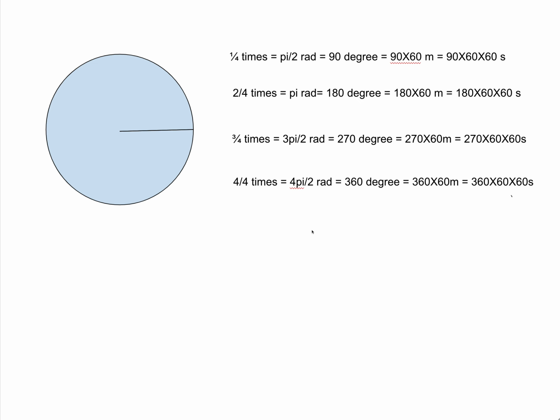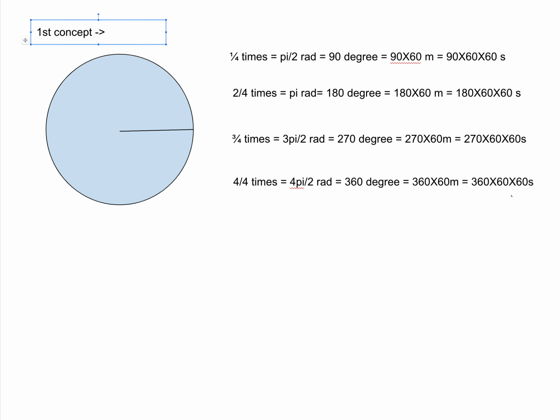Now there is another concept that you need to know. So this is the first concept. What it does is it familiarizes you with the concept of angle, how an angle can be represented in the form of radian or degree or minute or second.